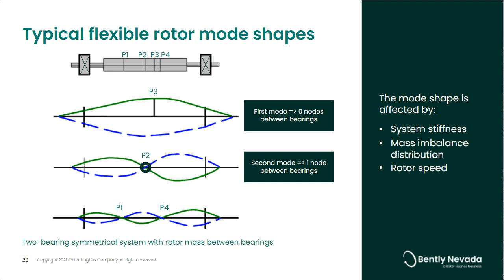In my experience, I never really got into any machines that were in the third mode. Some generators will get close to being in the third mode. Good luck at balancing those, unless you're in a balance pit. Very difficult because you have to put weights where you can't put weights.